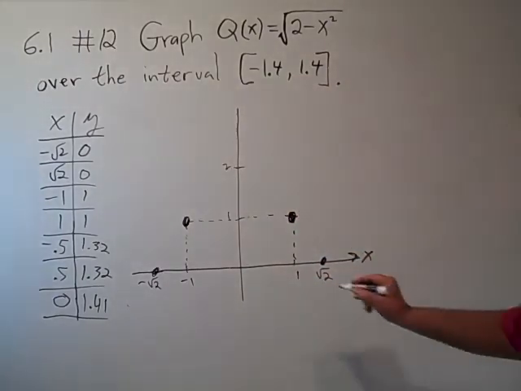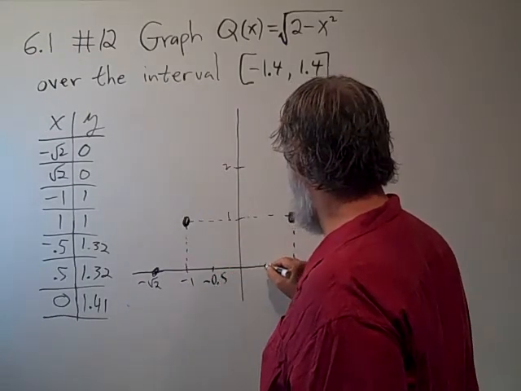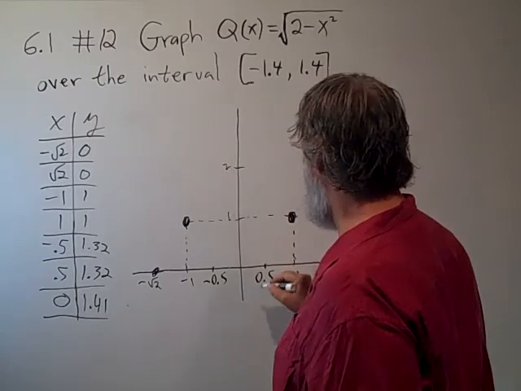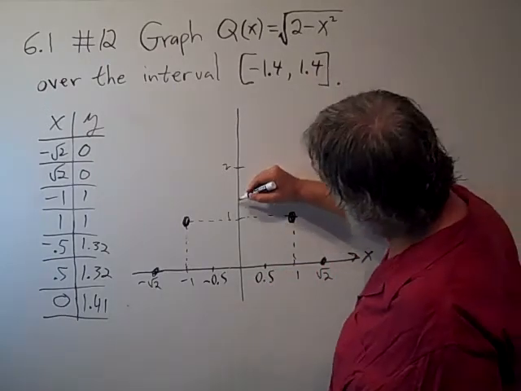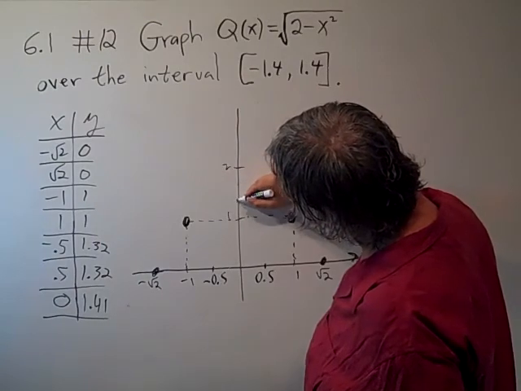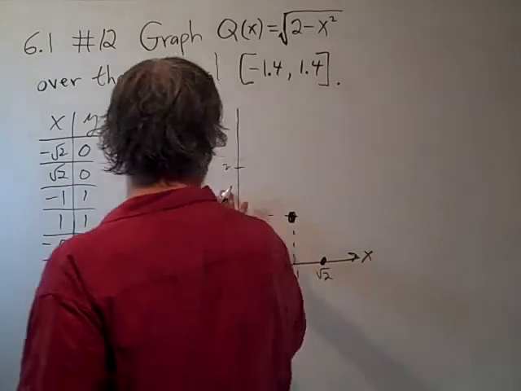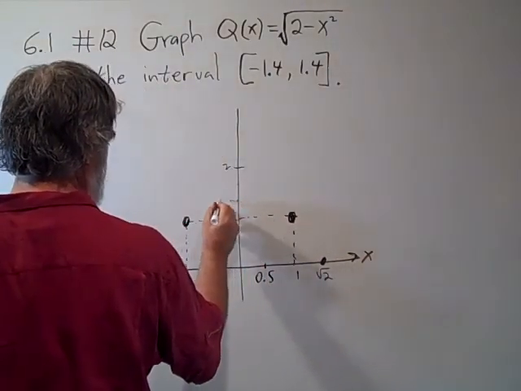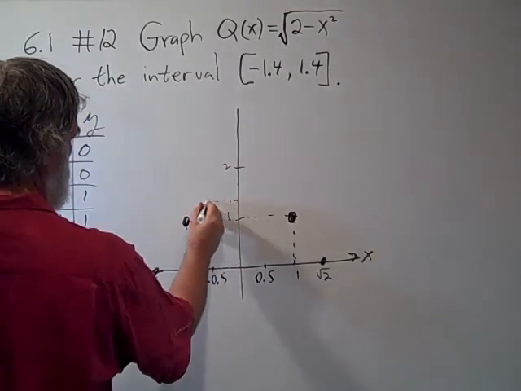And then at 0.5, both positive and negative, it goes to a height of 1.32. So 1.32 is about this height.